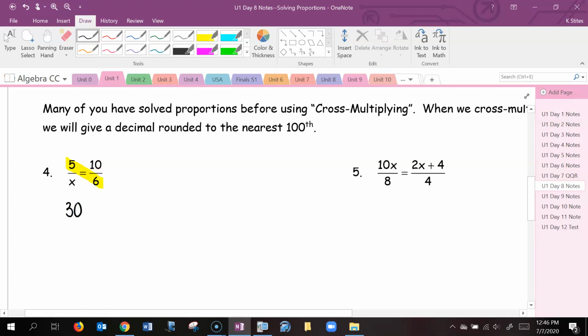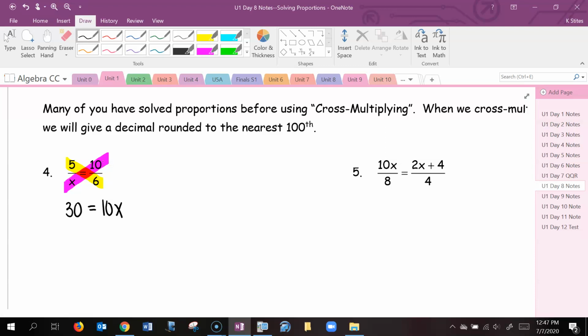And now here's where people make an error. They want to keep this as a fraction. It is no longer a fraction. You're going to put your equal sign, and then you're going to go cross back the other way. X times 10 is 10x. Notice if you started with the purple cross, you would just get the 10x first and then equals 30. So the order you go in does not matter.